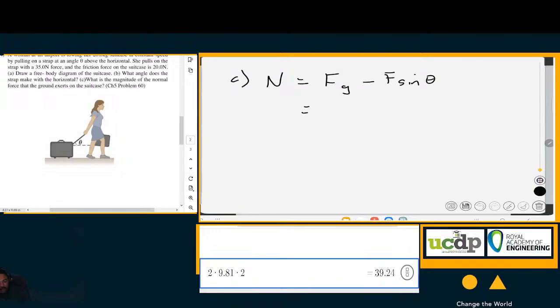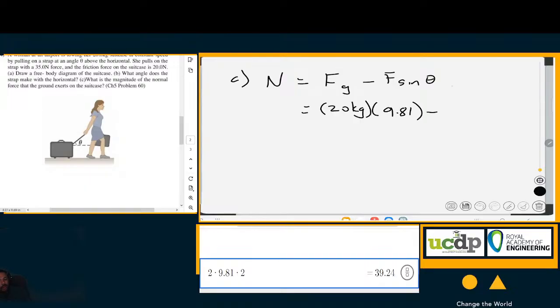So the force of gravity is nothing but 196 newtons. That is just the mass of the case, in this case 20 kilograms multiplied by 9.8. Before people start wondering where I got this, it's 20 kilograms multiplied by 9.8.